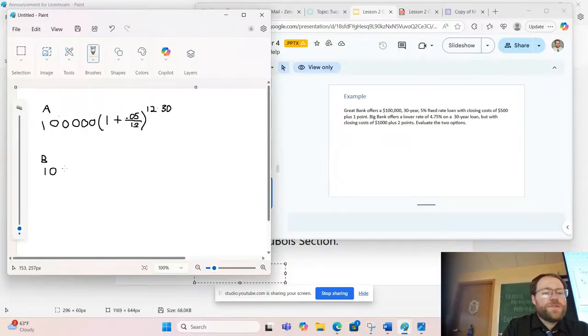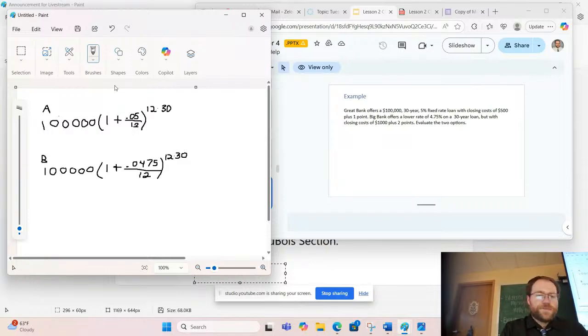B would be similar. So in that case, 1 plus 0.0475 over 12, to the 12 times 30 power. I'll just have you do the math real quick on this.